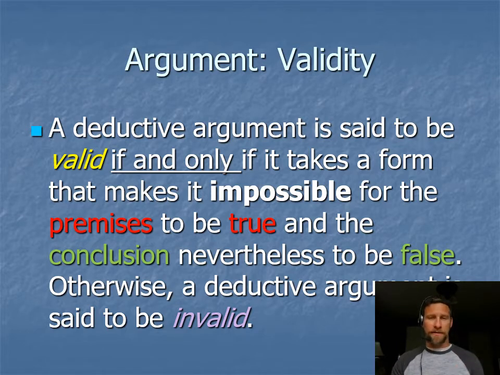Validity is when a deductive argument takes the form that makes it impossible for the premises to be true and the conclusion to be false. As long as it takes that form, if the form is there, that's what matters. Where the premises are true and the conclusion therefore can't be false, it's valid. Now, if that form does not apply, we call that deductive argument invalid.